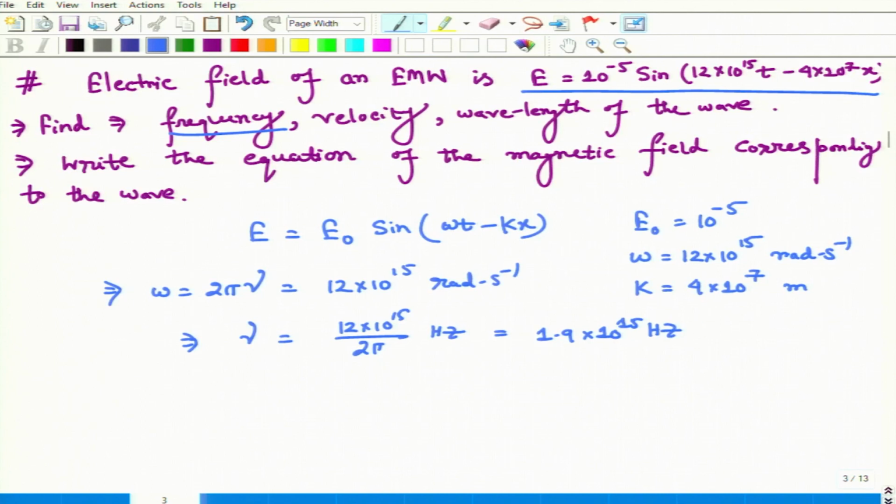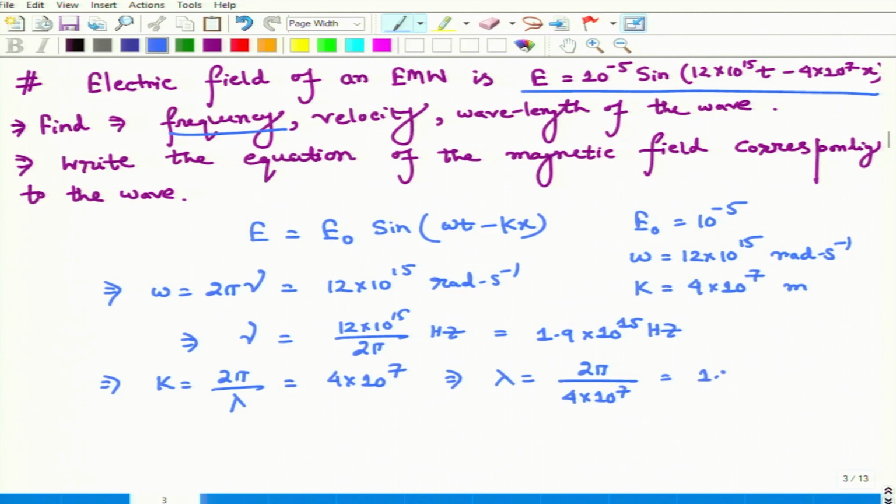Before evaluating the velocity, we have to evaluate lambda. k is 2 pi by lambda, so it is 4 into 10 to the power 7, correct? From k we can evaluate this, so lambda will be 2 pi by 4 into 10 to the power 7. If we calculate it, assuming pi as 3.14, 2 pi is 6 point something, divided by 4.